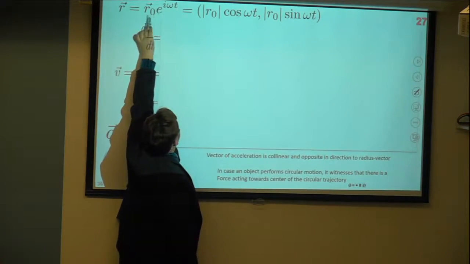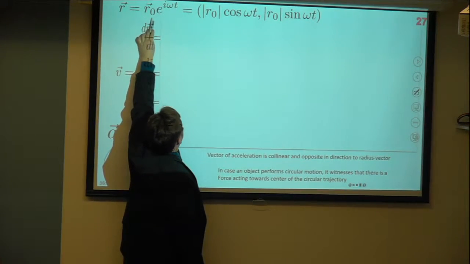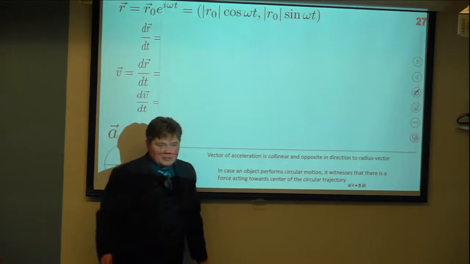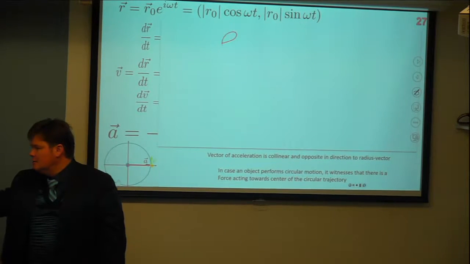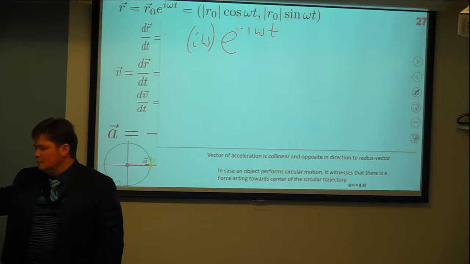The initial vector at time 0 will not change, but the derivative of the exponential will remain exponential. Okay, I'll write a little: e to the minus i omega t, and i omega will go up front.